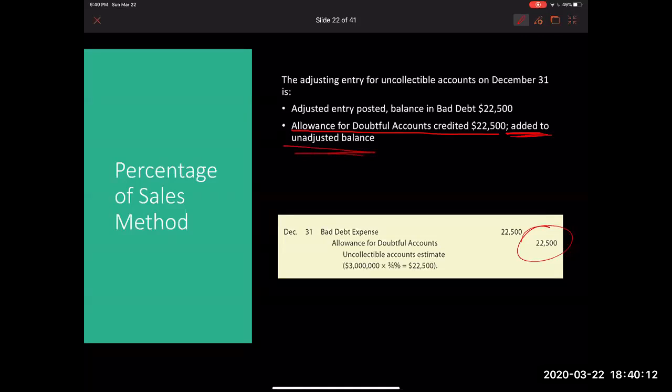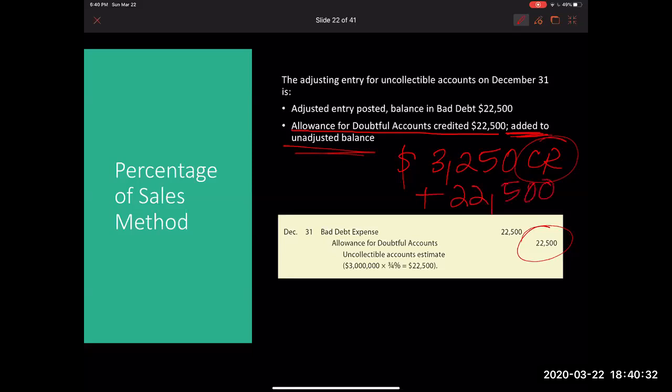In our previous slide, the unadjusted balance, if you click over to the next slide, was $3,250 as a credit. So we're going to add it to that balance the $22,500, and that is going to be our balance within the allowance for doubtful account.